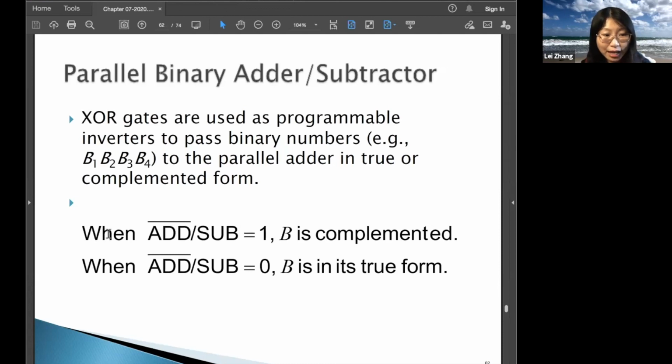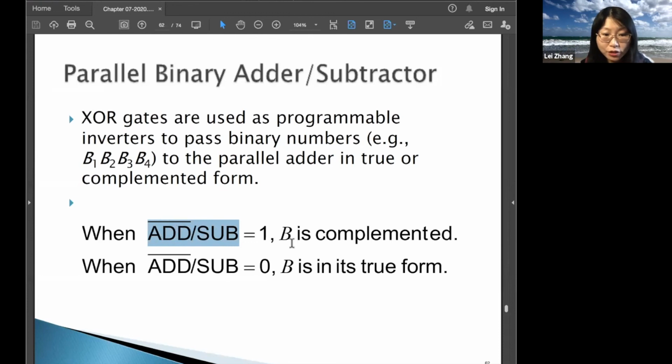That is when this signal ADD over bar / SUB, a name that we give to this signal. If you read a circuit like this, when the signal is low, it is ADD, because ADD over bar.